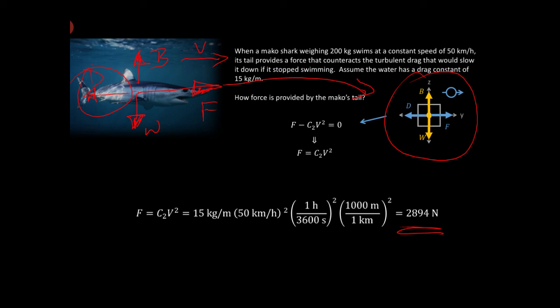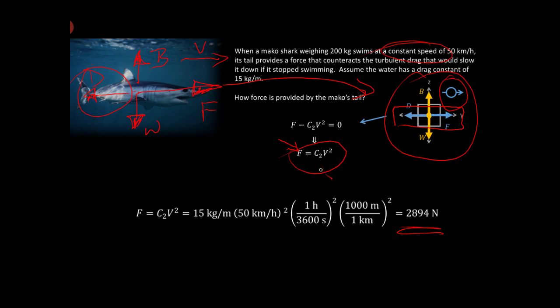So the free body diagram is a way to look at this. This has zero net force because the speed is constant. Okay, so that lets us get the relevant equations that we can use to solve this. So we just took everything in that y direction, the F minus D, and converted it into a nice simple equation, which is the thing we want, that F is equal to some function of the two things we know.